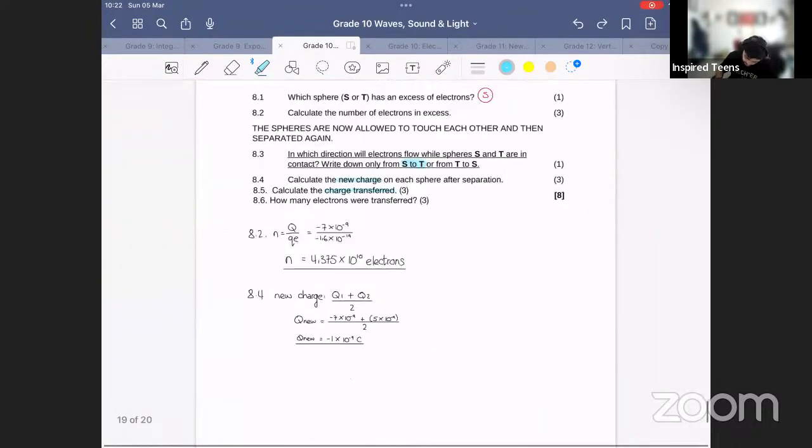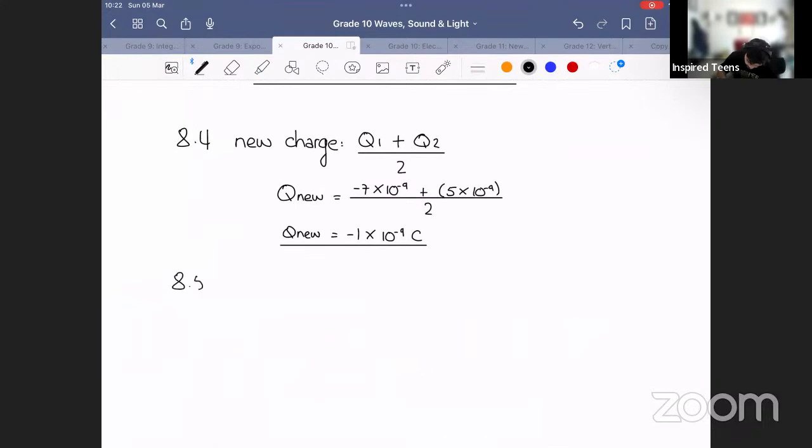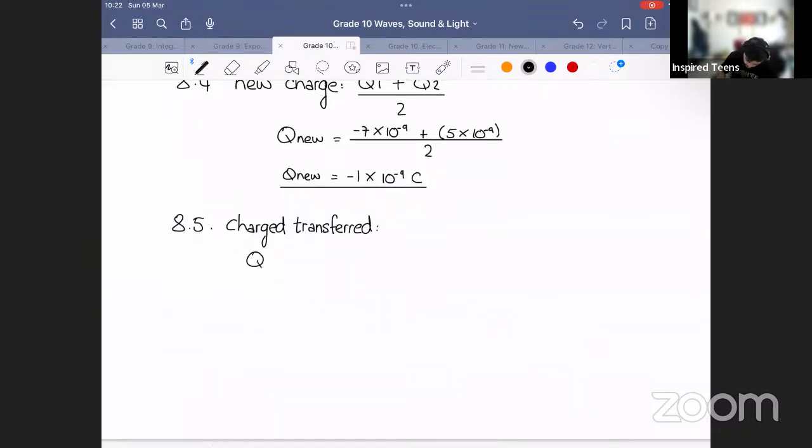Okay, so for charge transferred, again, the vocabulary is key. Charge transferred is basically delta Q. Delta Q means change in Q. Q final minus Q initial.